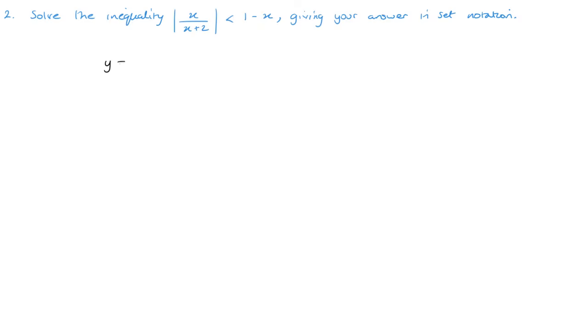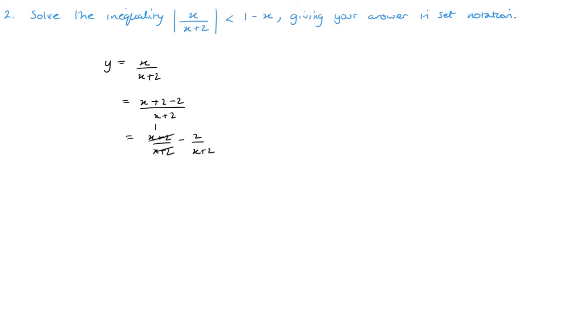So first let's look at what's happening with this. If I change the top to add 2 minus 2 to it, so it stays the same, then this is x plus 2 over x plus 2 minus 2 over x plus 2.